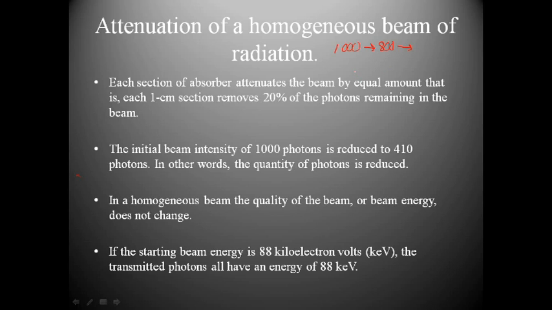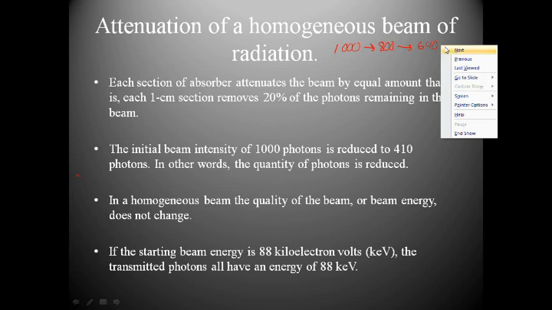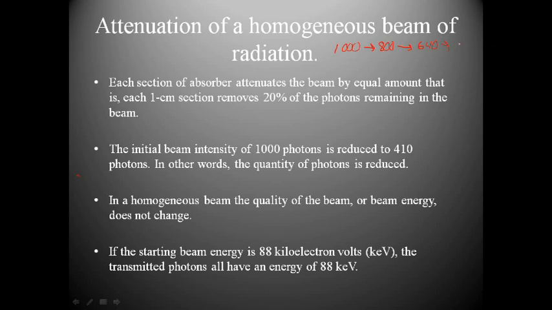Another centimeter gives 640. Another gives 512. One more centimeter gives 410. So after 4 centimeters of tissue, we've reduced the quantity of photons.